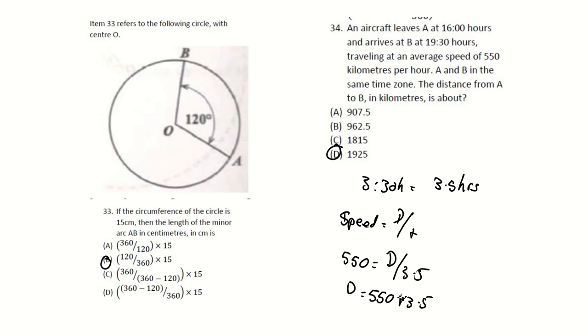You don't even need to multiply this. 5 threes are 15, so it cannot be this and it cannot be this. So the only possible answers would be this and this. But we have 5 by 5 is 25, so it must have 25, so it cannot be this. So through process of elimination and thinking how you would multiply, you know that the answer would be 1925.